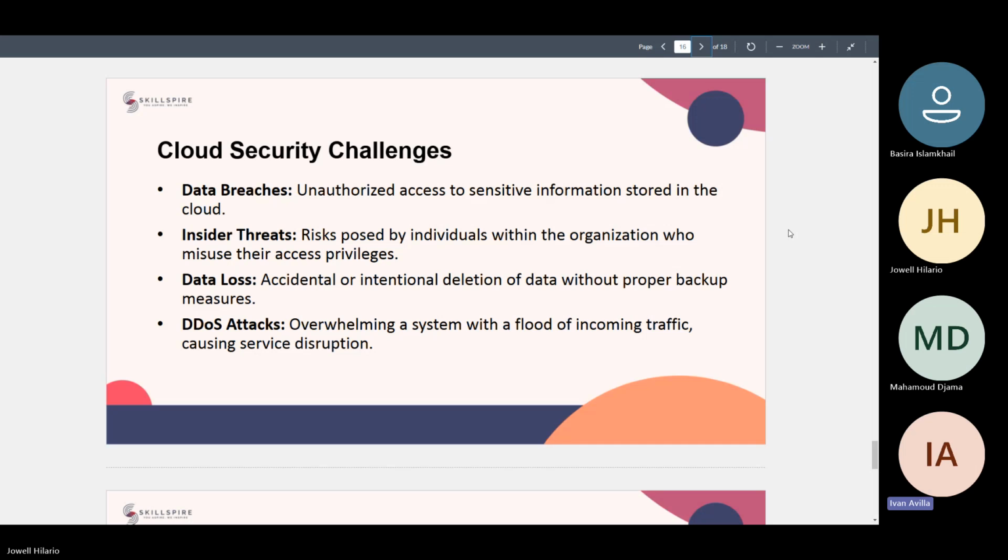Data loss, I would say this is one area where public cloud makes this a bit riskier. A lot of times you hear about breaches where a bad actor gets access to what's called an S3 bucket. Basically, if you're an Amazon cloud customer, S3 is their storage service. It stands for Simple Storage Service, I want to say. That's their service.